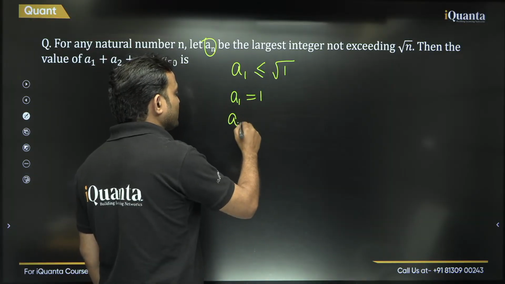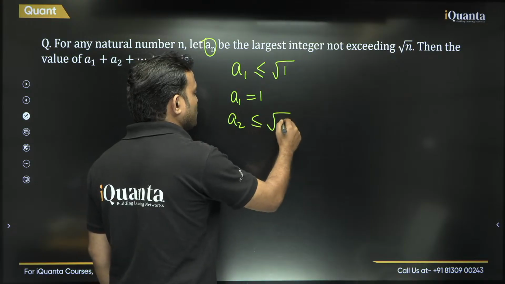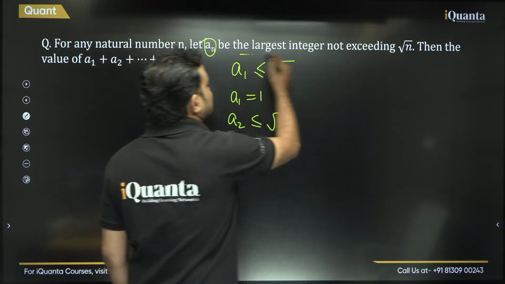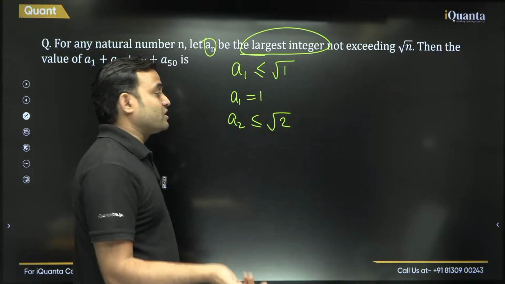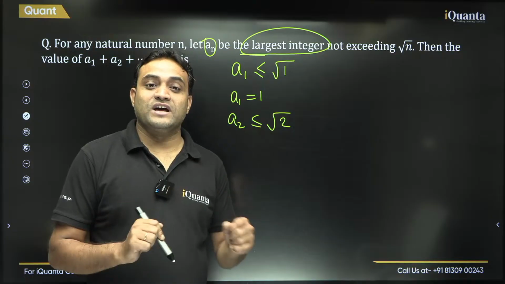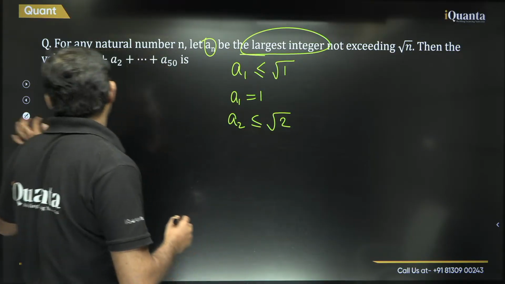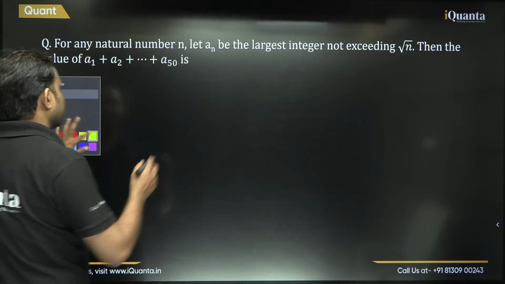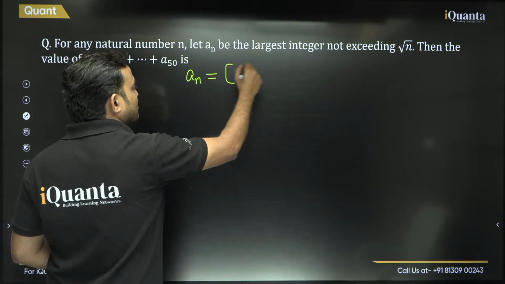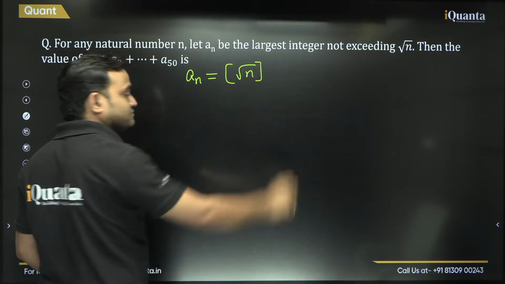What will be a2? a2 will be less than or equal to square root of 2. Now it should be an integer, the largest integer less than or equal to. It's known as the greatest integer. So we can generalize this: an is equal to the greatest integer of square root of n.